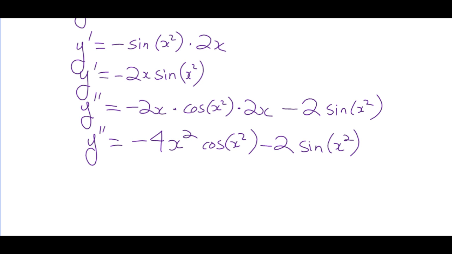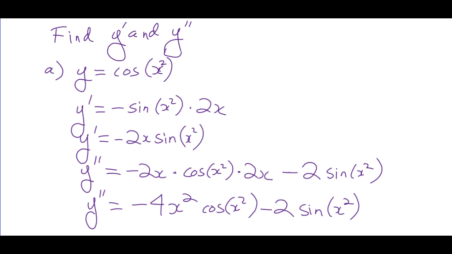And then, since we did the cos of x squared, what's the next one we're going to do? Cos squared x. y equals, okay, so remember that's cos of x all squared, right?